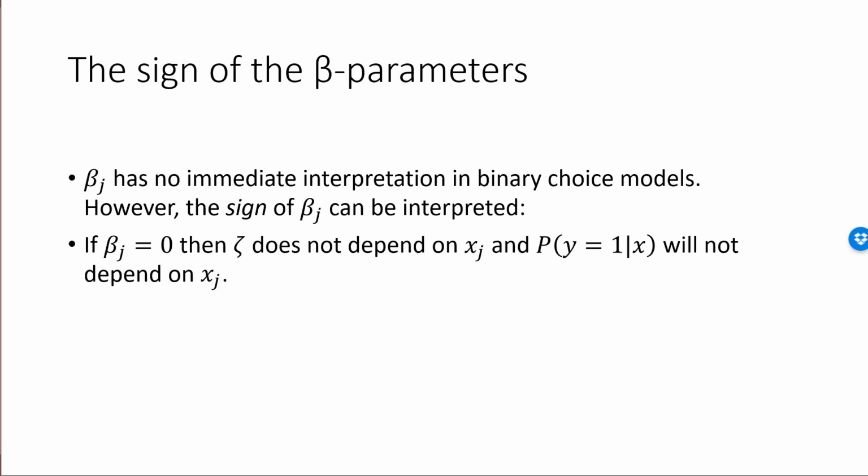If beta j is equal to 0, well, then the zeta value doesn't depend on that particular x variable. And if that's the case, this probability will not depend on that x variable either, because this probability depends directly on the zeta value. So that's important.